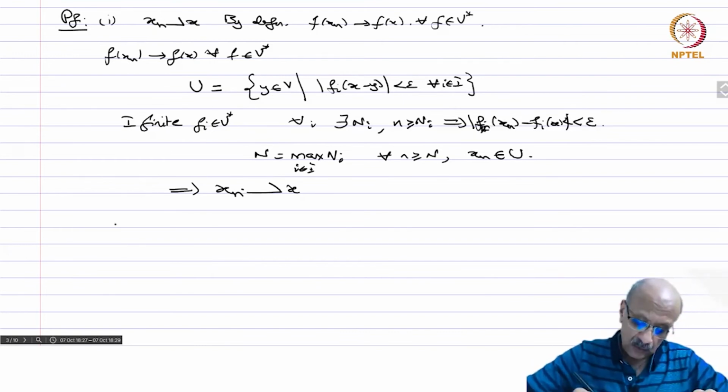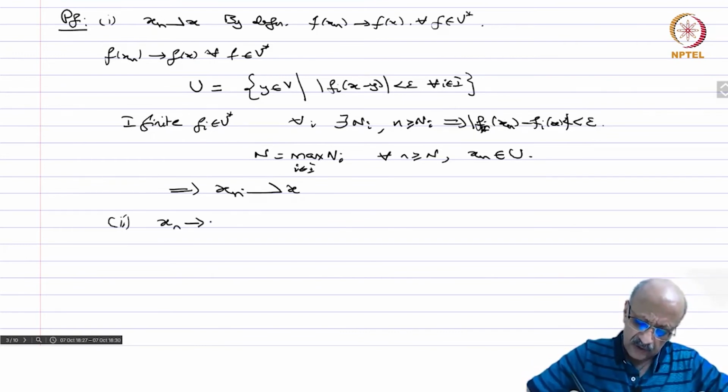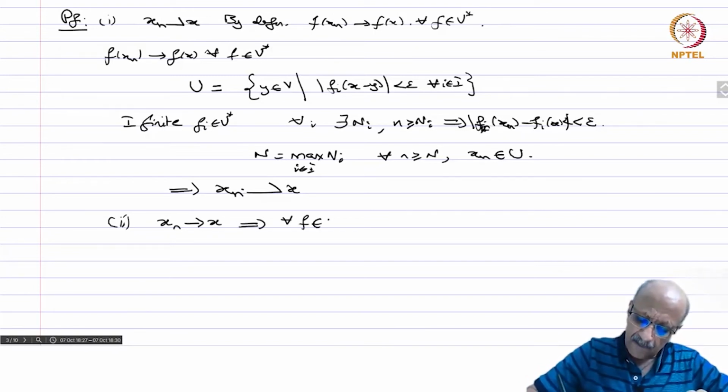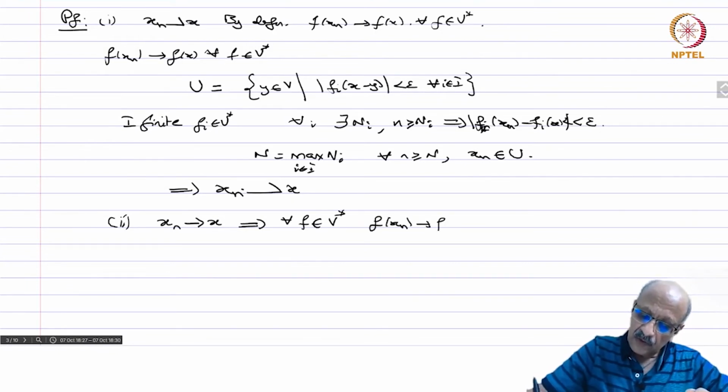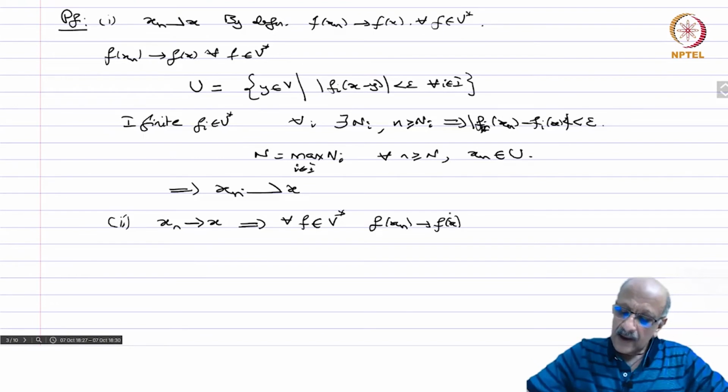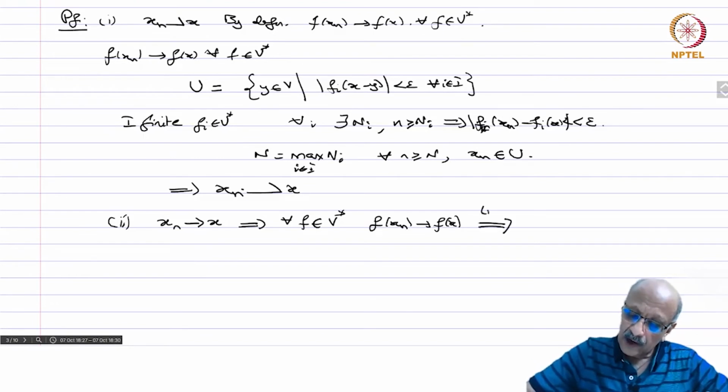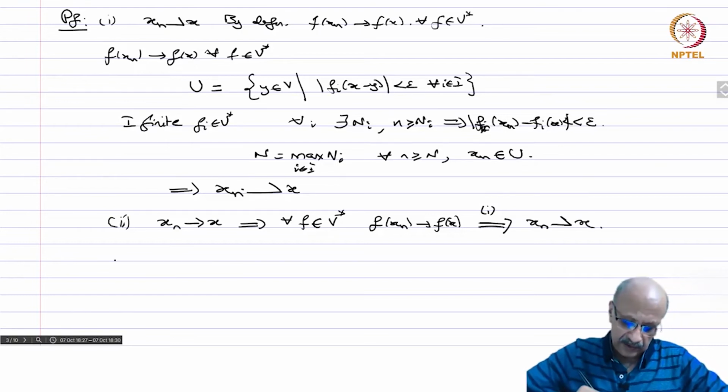Okay. 2. So x_n converges to x in norm implies for every f in V star we have f(x_n) converges to f(x), and this implies by 1 that x_n converges to x weakly.